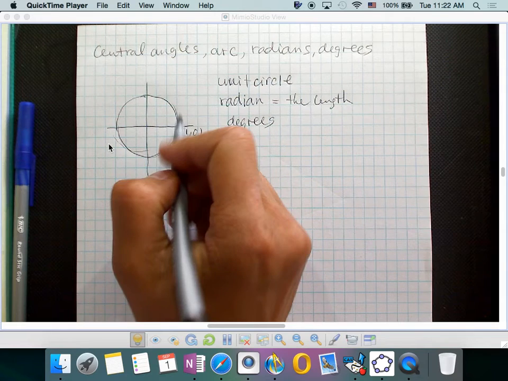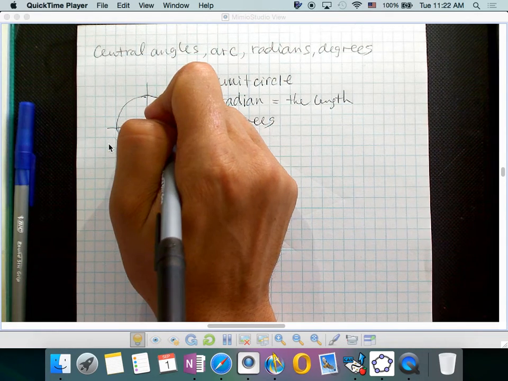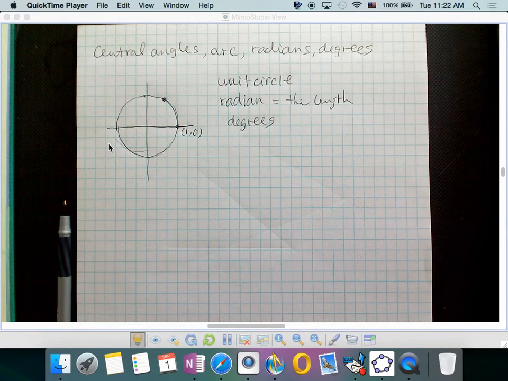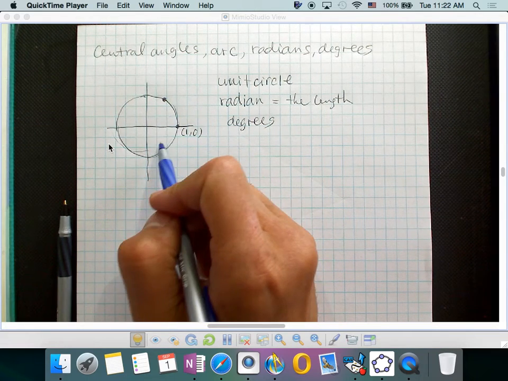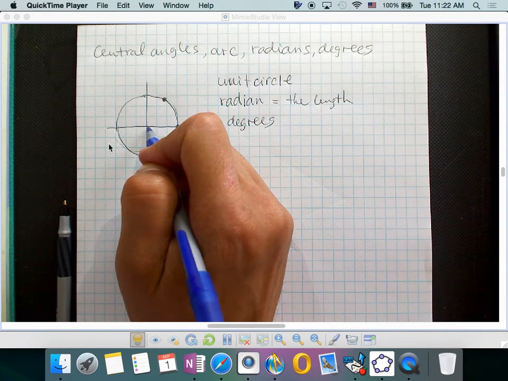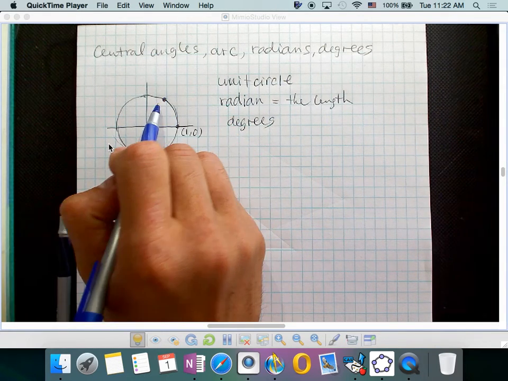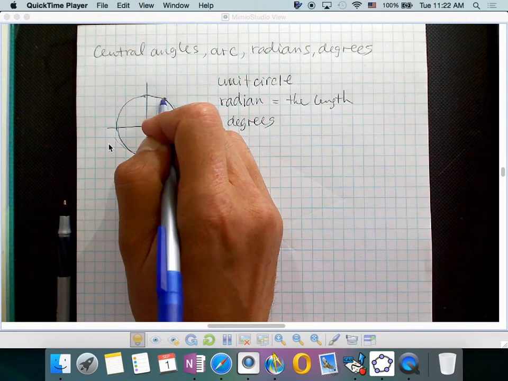For example, let's say you travel just a little bit in the first quadrant, to a random point on the edge of the circle in quadrant 1. If you draw a segment from that point to the center of the circle, it forms an angle.